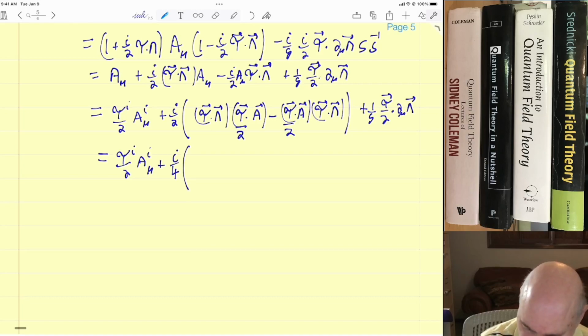Now we use the basic identity of the Pauli matrices. I want to use different letters, so let's do it over here.